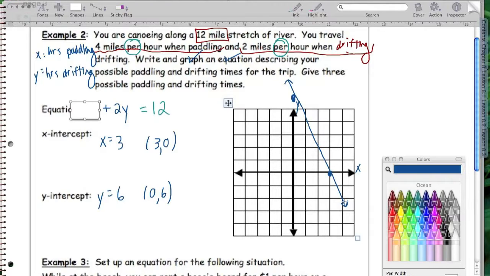So any point on this line represents a combination of paddling, which was our x value, and drifting, which was our y value, possible combinations of times. So the easiest thing is we know that this point is (3, 0). We know that this point up here is (0, 6). Now, I don't really know what this point right here is. It's in the middle of a block. Same here.